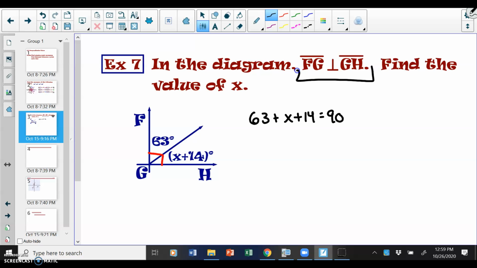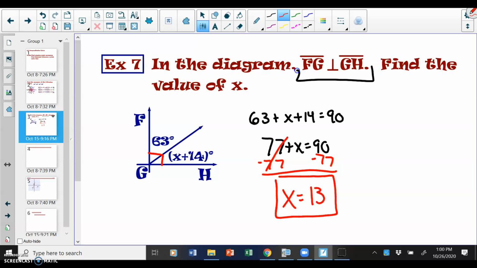Well, if I combine like terms, I get 77 plus x is equal to 90. Subtract 77 from both sides, and I get x equals 13. And remember, if we're solving for x, we do not need to add the degree sign. When it says we want to find the measure of an angle, that is when we add the degree sign. X is 13.